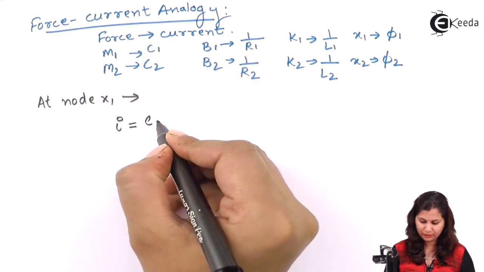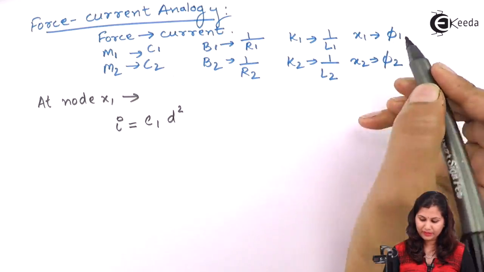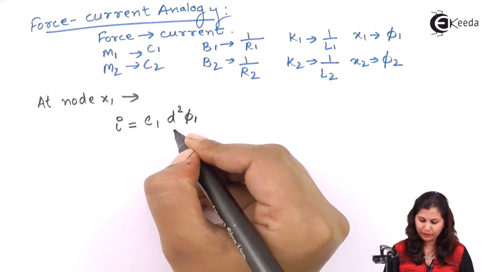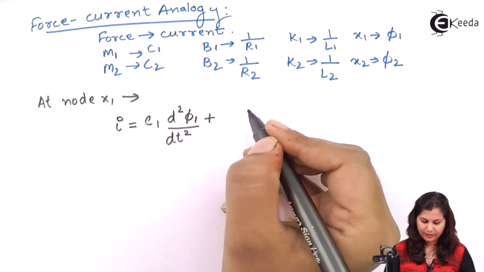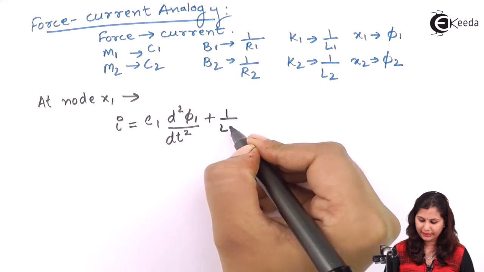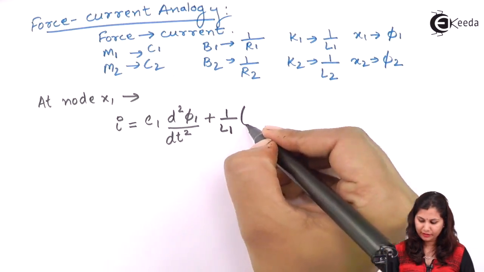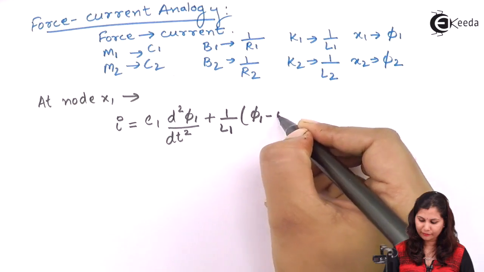So we will have C1 d2 Phi1 by dt square, plus K1 will be replaced with 1 by L1, so 1 by L1 we have X1 minus X2, so we will have Phi1 minus Phi2.